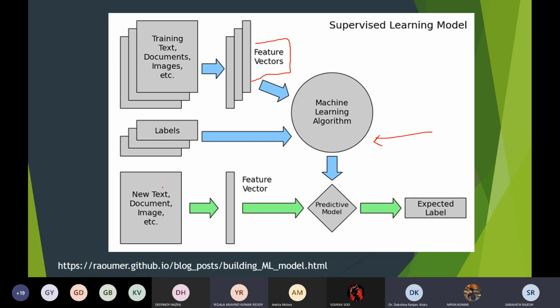This unknown text will get some label after it goes through the predictive model. That means the predictive model will be responsible for finding the new labels for the unknown text available in text and images. Understood? If you have any questions from this part, you can ask me.